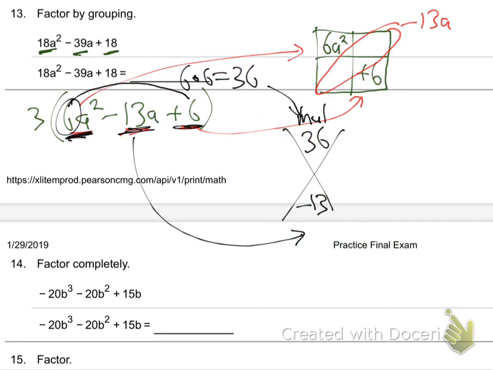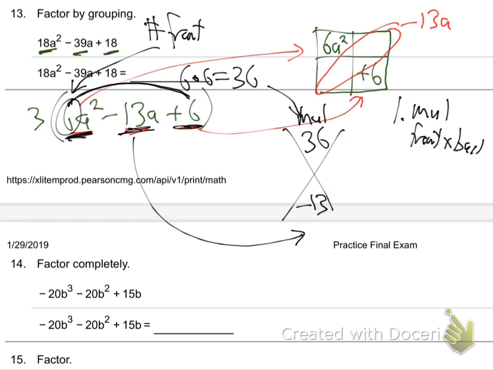But for this harder kind, when you have a number in the front, step 1, multiply front times back and put that right there. Then put the middle right there, and then find 2.